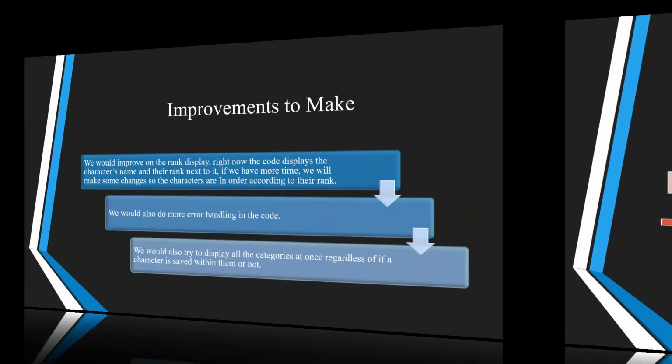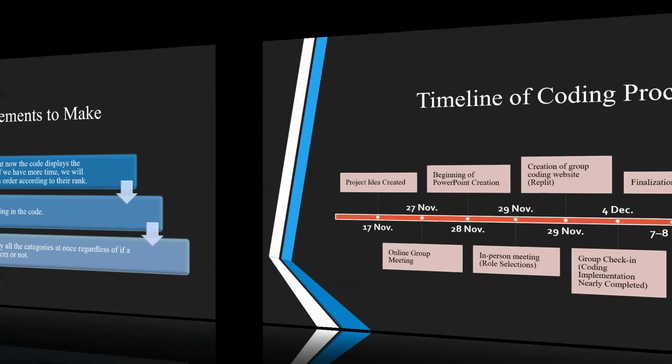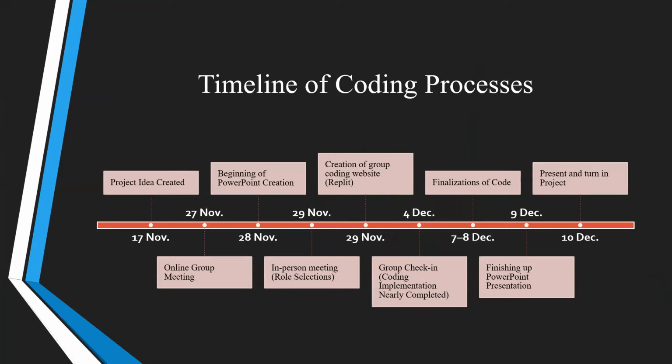Timeline of coding process. November 17th is when our idea was created. The 27th of November is when we first had our online group meeting. The 28th is the beginning of the PowerPoint creation. The 29th is the in-person meeting, when we made all our roles and decided what everybody was going to do.